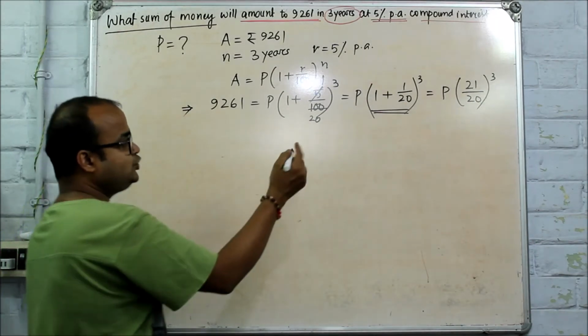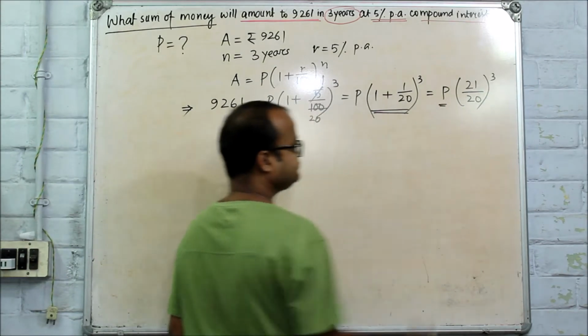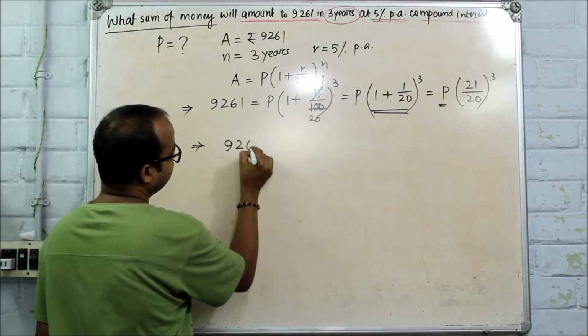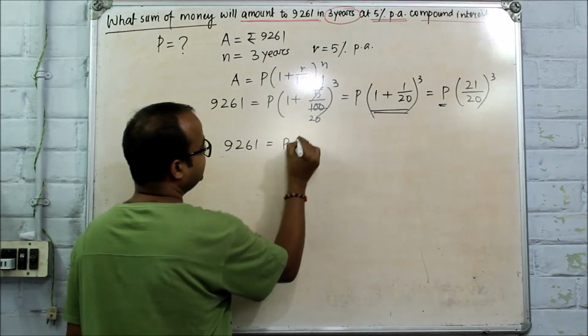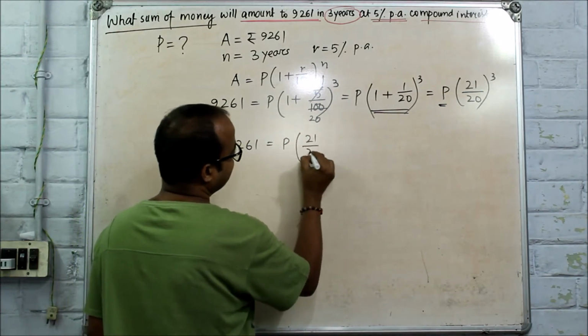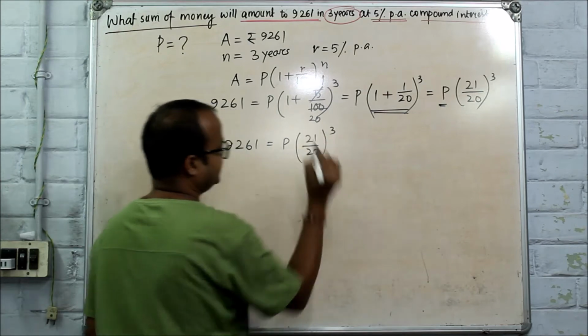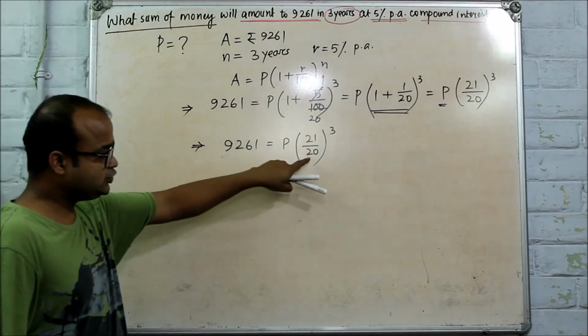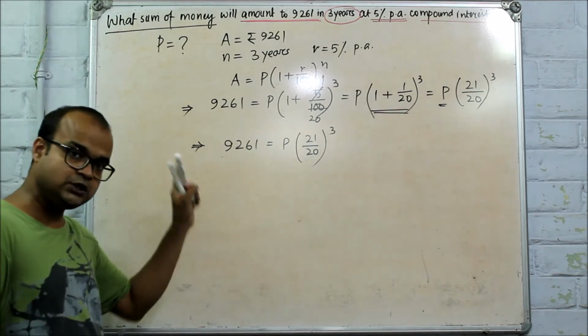Now we need to find out the value of P. So I am writing what we got: 9261 is equal to P into 21 by 20 to the power 3. We need to find out P, so we need to take this term to the other side.